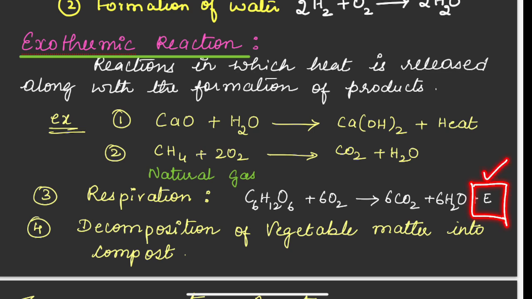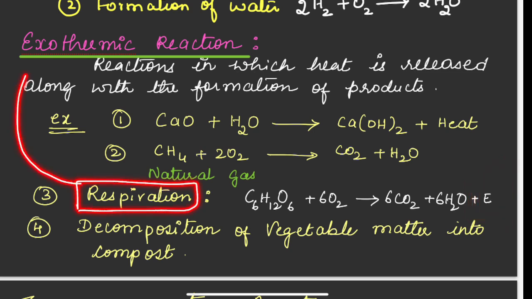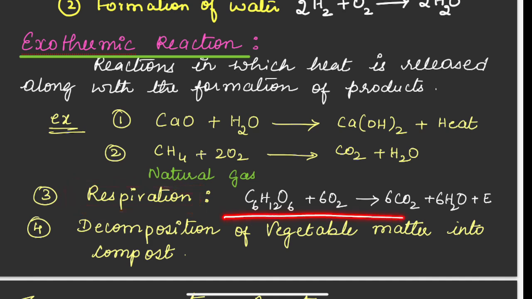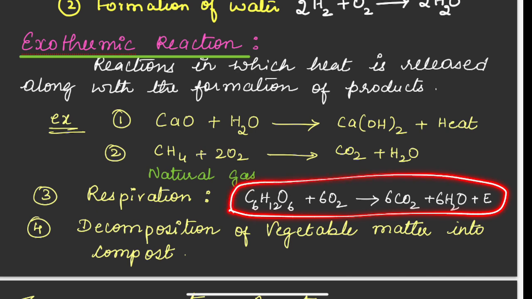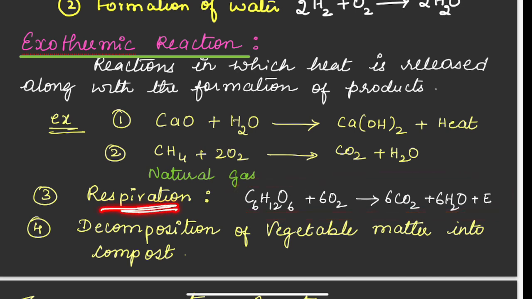Since heat is liberated, respiration is an example for exothermic reaction. How this question will appear in the examination is whether respiration is exothermic or endothermic reaction. Write the balanced chemical equation. So you have to write respiration is exothermic reaction and this is the balanced chemical equation for respiration.